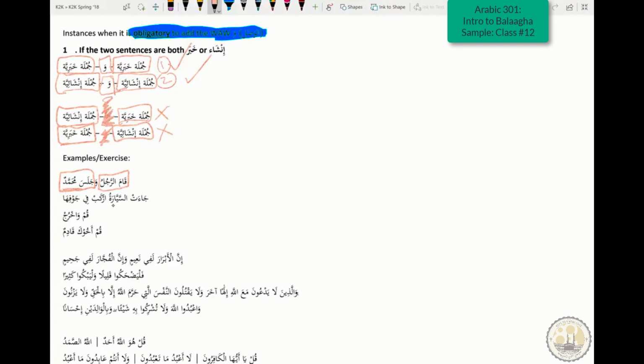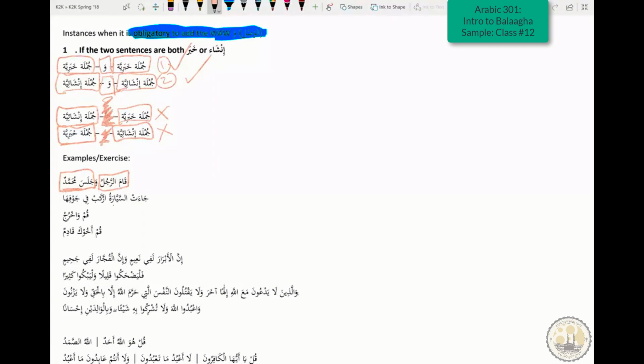Is it a khabariyya, jumla khabariyya, or jumla insha'iyya? Remember the difference between the two. Good. Khabariyya. Right? There's no talabi in there, nor is there any ghayr talabi. Right? There's no amr, there's no nahi, there's no istifham, there's no tamanni, etc. There's no qasam. So it is khabariyya.